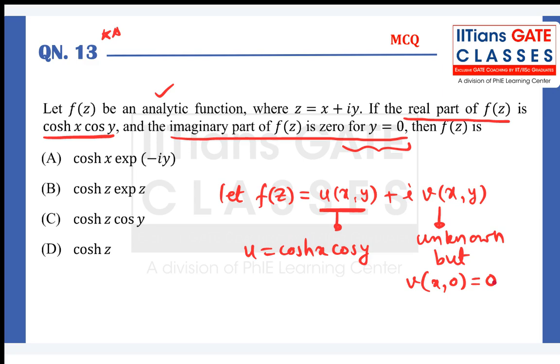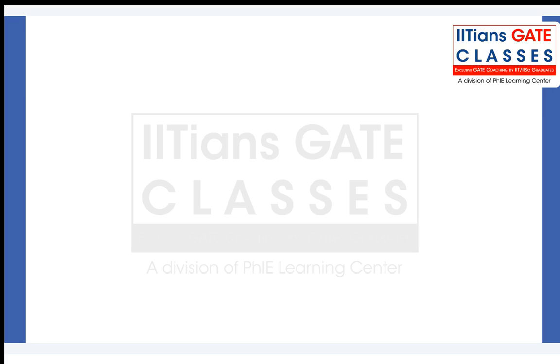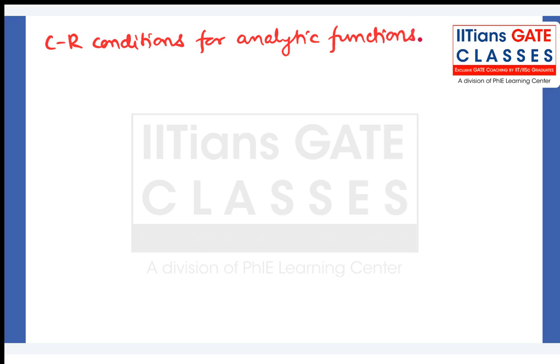And this very important analytic function condition is there, so you just have to use the CR conditions. CR, Cauchy-Riemann, I am not writing the full form, you should know this. Cauchy-Riemann conditions for analytic functions, and you are supposed to remember this.